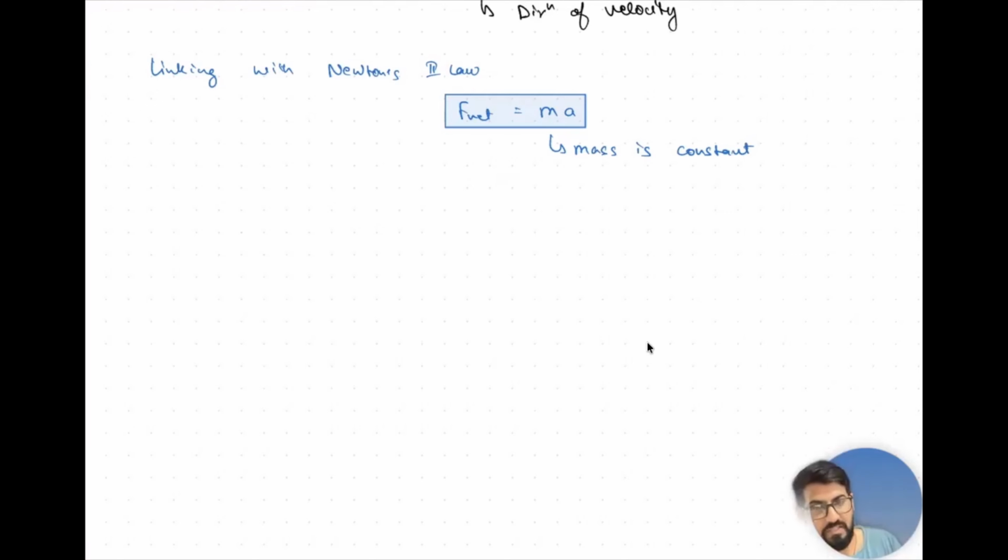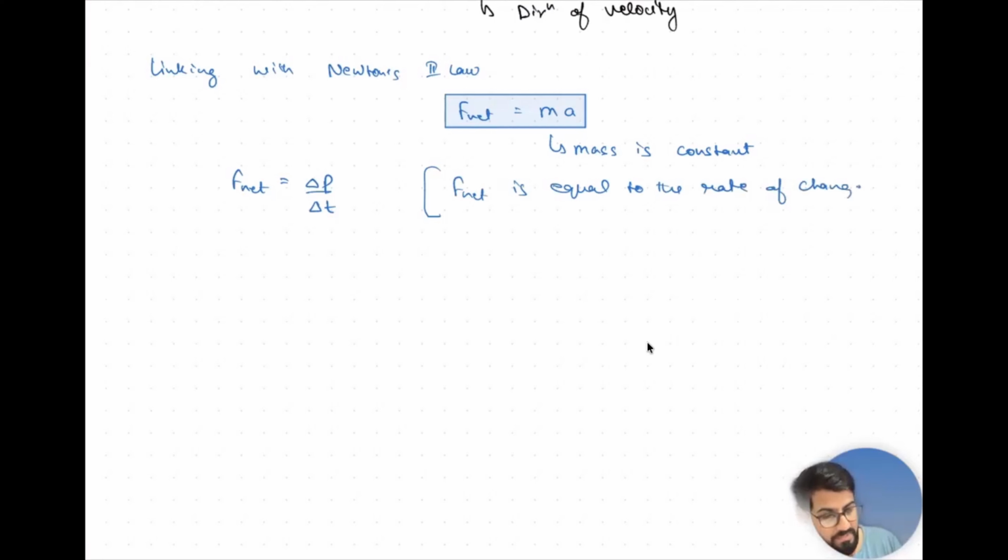But what if my mass is changing? Or in other words, F net according to momentum is defined as the rate of change of momentum, delta P over delta T. So the net force is equal to the rate of change of momentum.